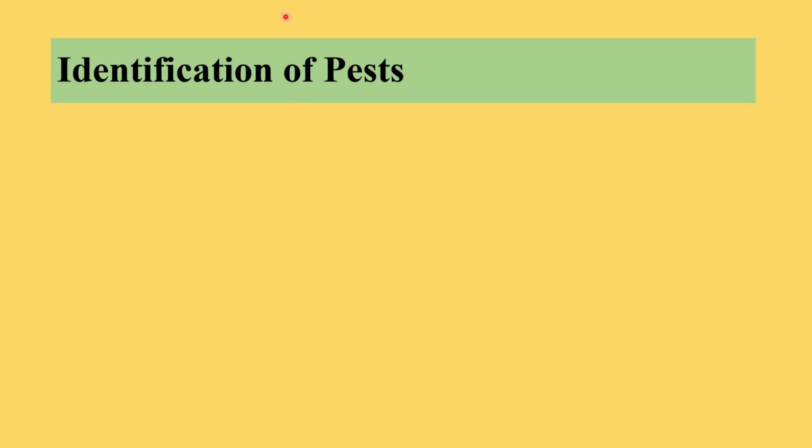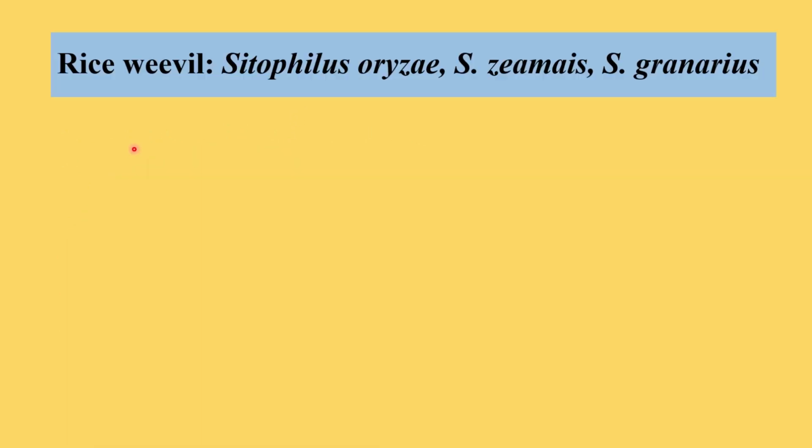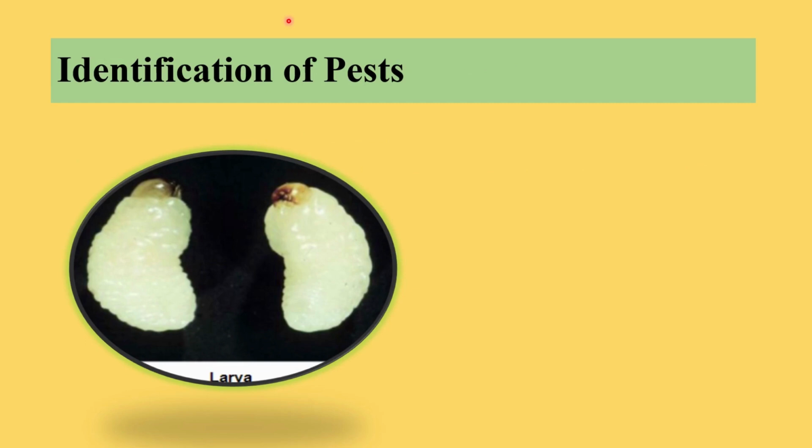Coming to the identification of the pest, in the egg stage, the female covers the egg with a gelatinous secretion and lays the eggs singly on the grains. The grub is white with a yellowish brown head, and the pupa pupates inside the grain.